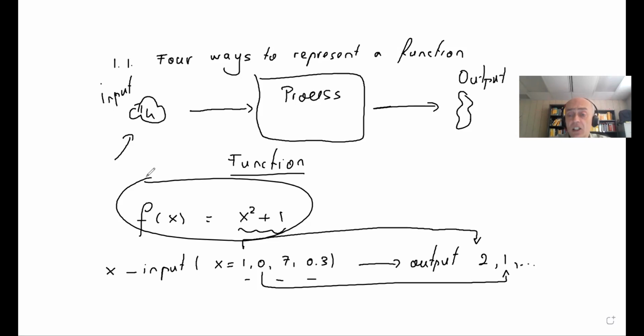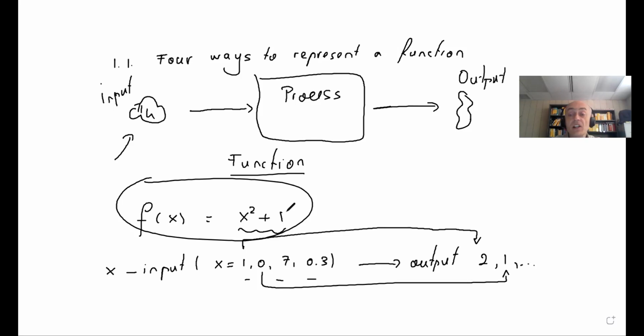But the thing in calculus is sometimes we aren't able to quite get a formula. So when we do have a formula here, that's one of the 4 ways to represent the function.